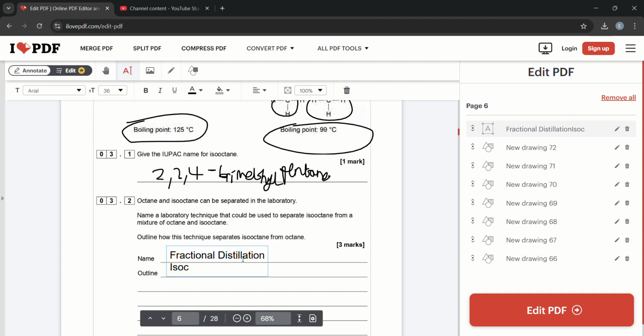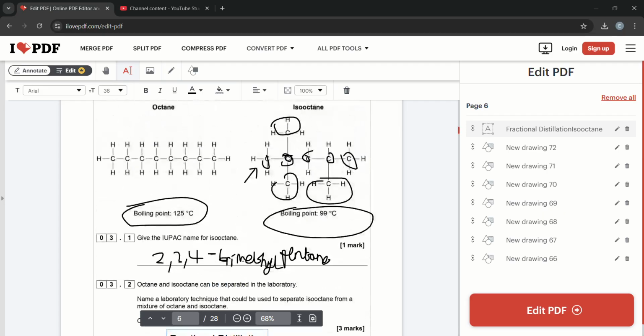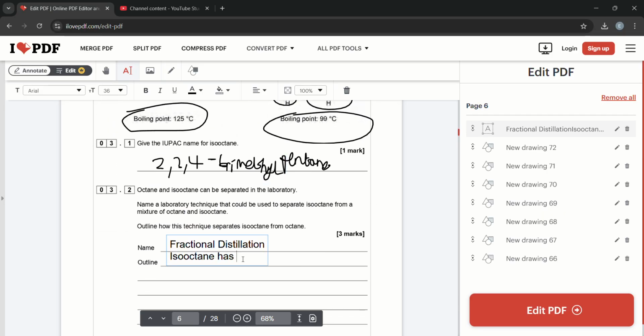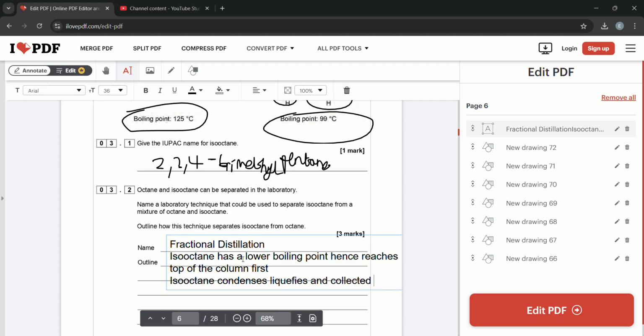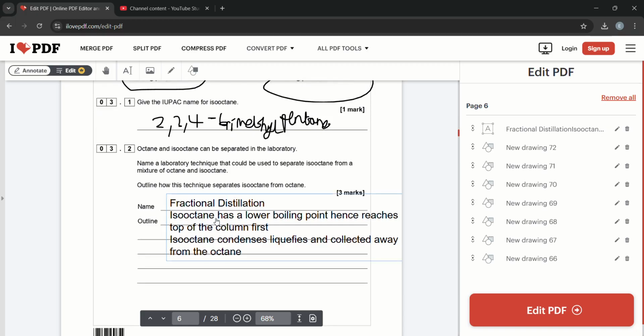And like I said, isooctane has a lower boiling point, so isooctane has a lower boiling point, hence it will reach the top of the column first, and therefore isooctane condenses, liquefies, and is collected away from the octane. Therefore this technique can clearly show how we separate isooctane from octane.